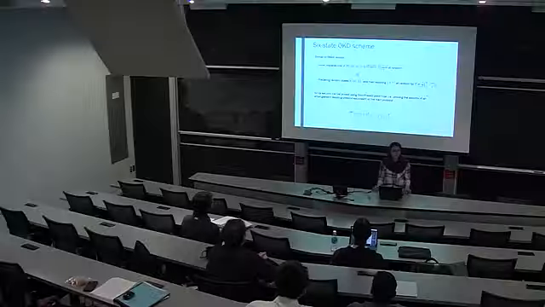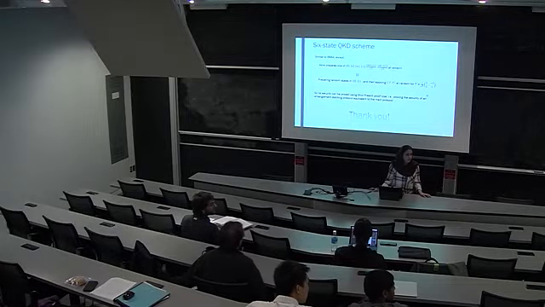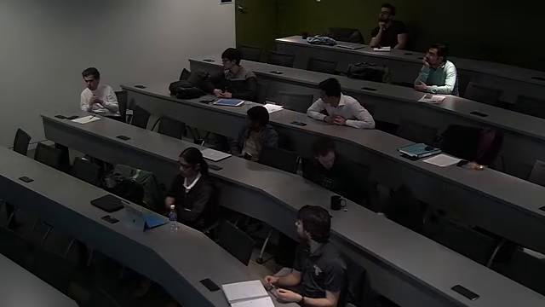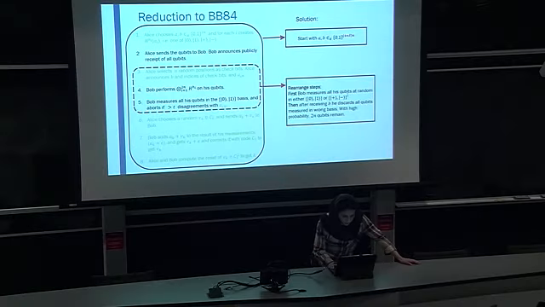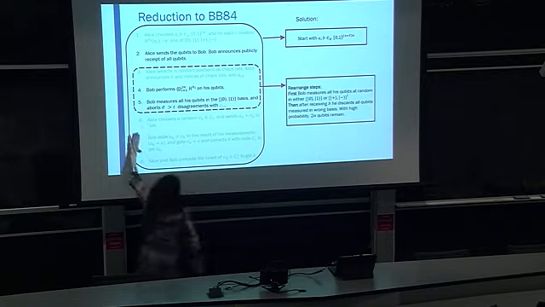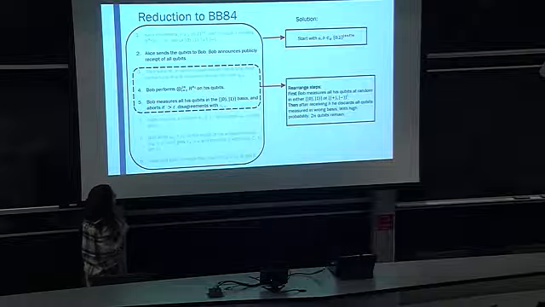Any questions? So in QKD and say BB84, the last step is normally privacy amplification. Mm-hmm. So how is that appearing? So privacy amplification. So basically, this step here is what they do as privacy amplification.